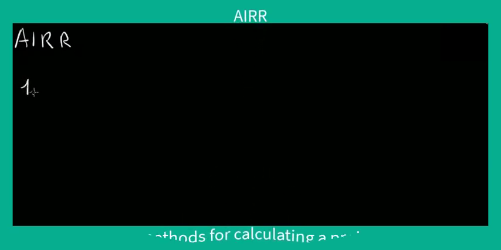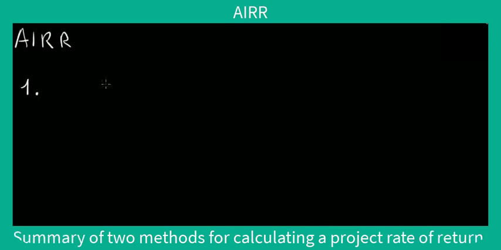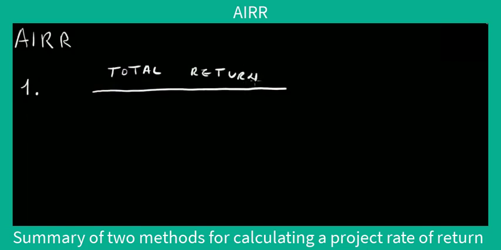We have shown that the rate of return of a project, the average internal rate of return, may be calculated in two different ways. The first way is to compute the ratio of total return to total capital.